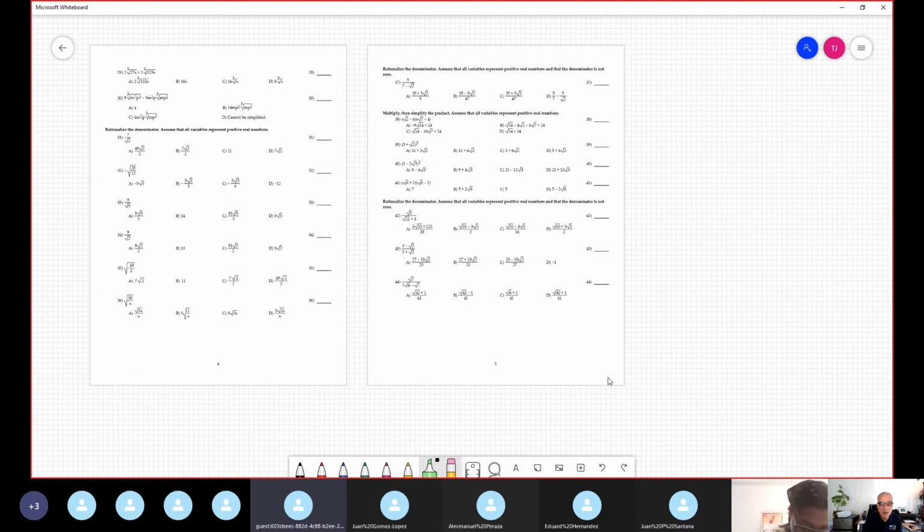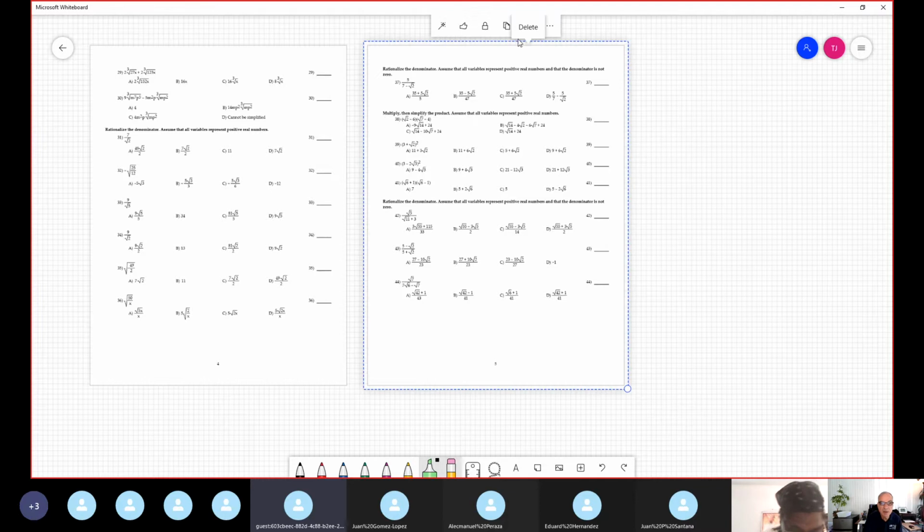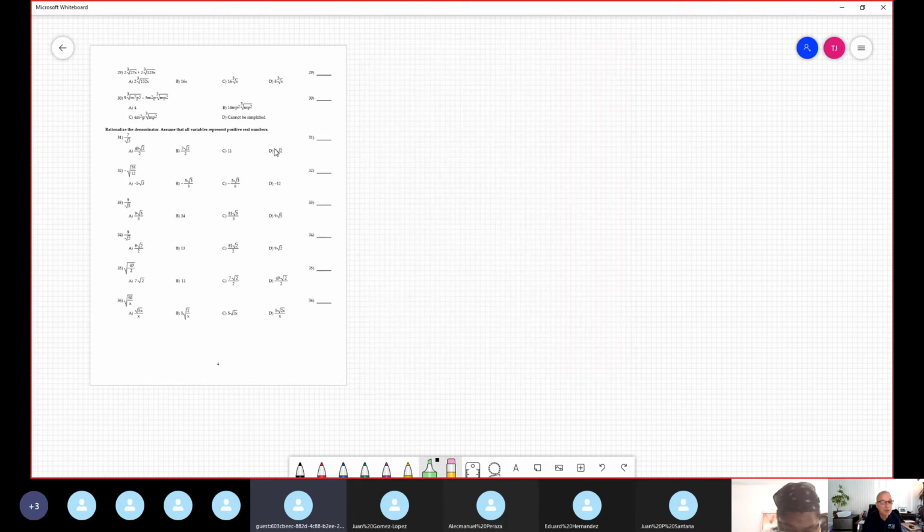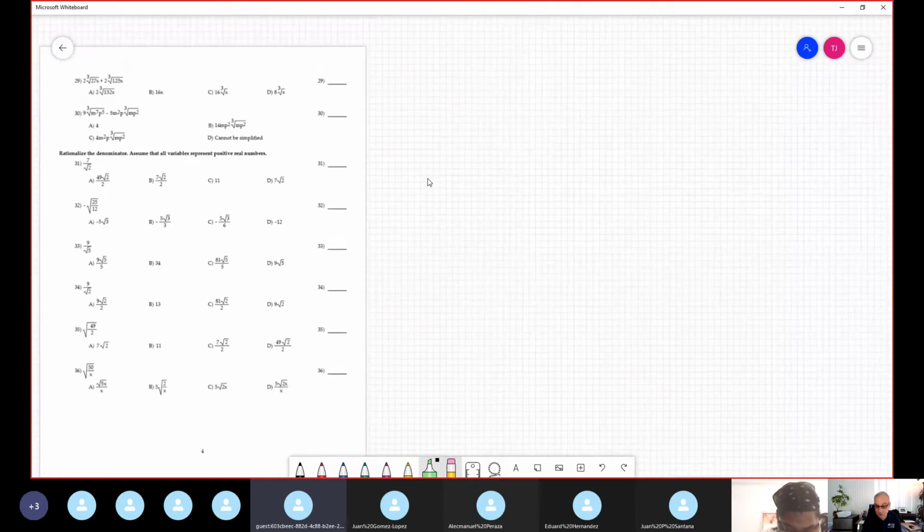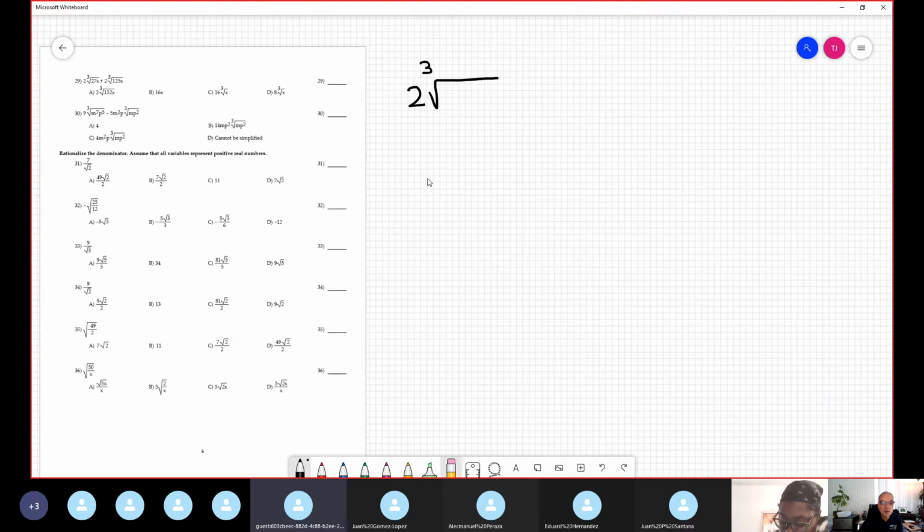Okay, let me delete this. Focus on this one. This is similar: 2 cubic root of 27x plus 2 cubic root of 125x.